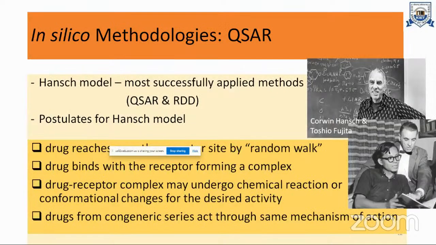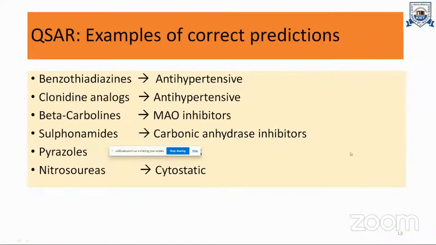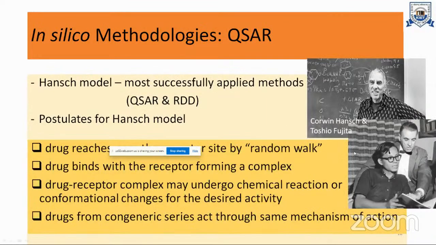Those rules can be applied to a molecule whose activity is not known, and with the help of those rules we can predict it. That is QSAR.